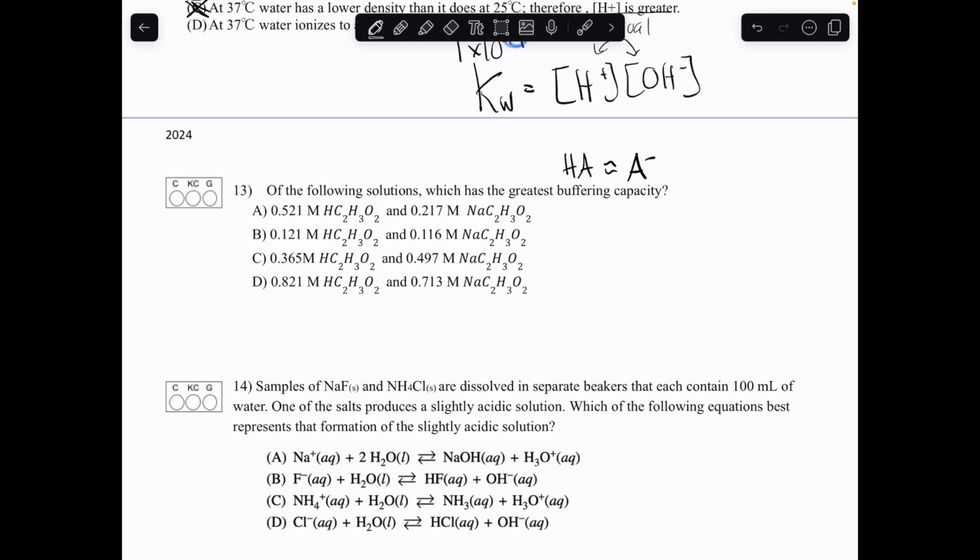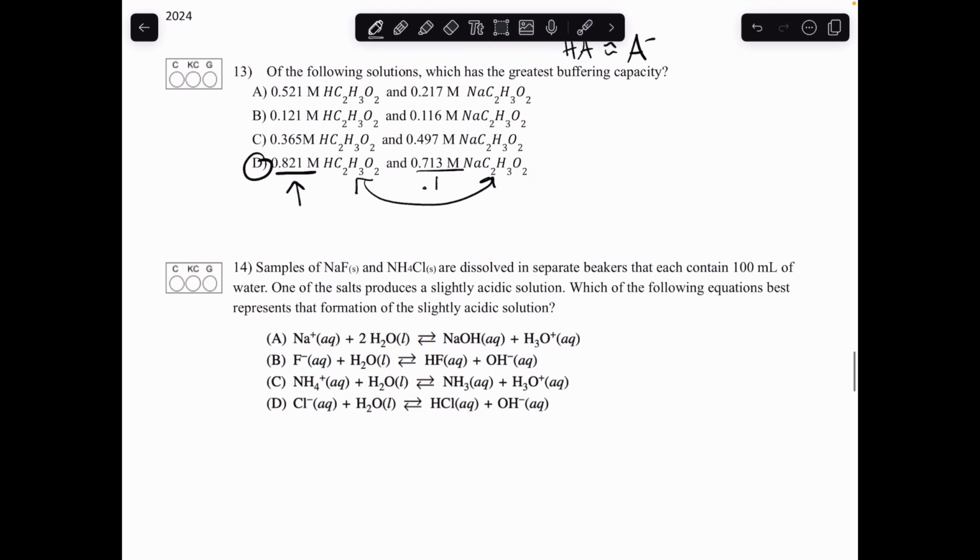And so that's why the answer ends up being D, because you have the highest molarities of both. All right, so you want similar numbers, but you also want the highest number you can. So technically, if D was really high on this side, but like 0.1 on that side, I probably wouldn't pick it as my option. I think probably more like C would be a better option because they're fairly equal and the highest.